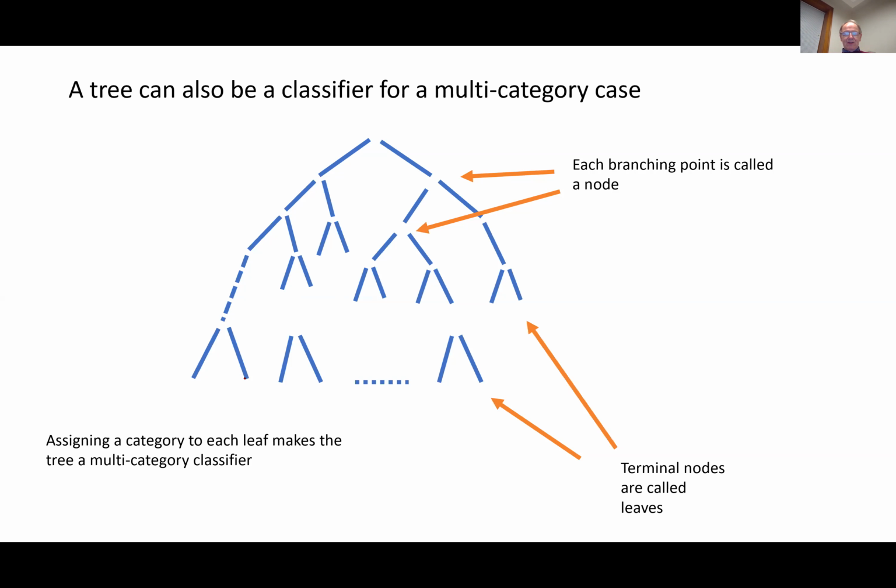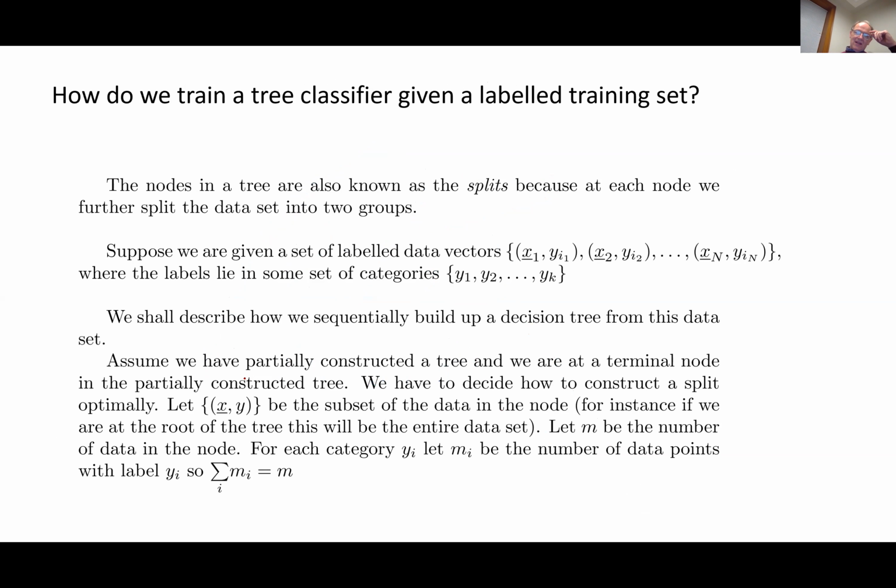But the question is, how do we construct such a decision tree? If we're given a labeled training set, then we have to figure out how we fit a decision tree to those data. The general situation is, we're given a set of labeled data vectors.